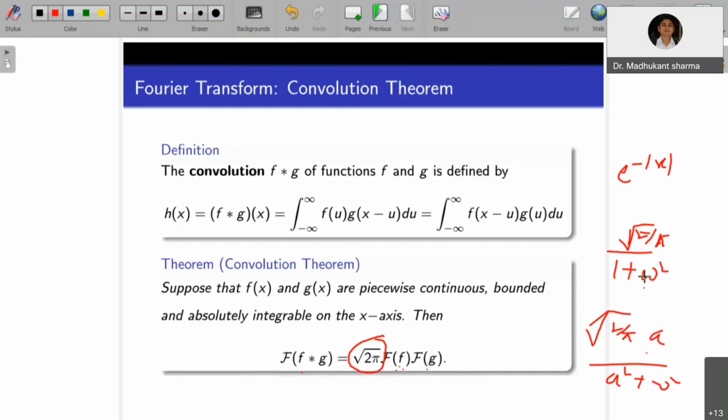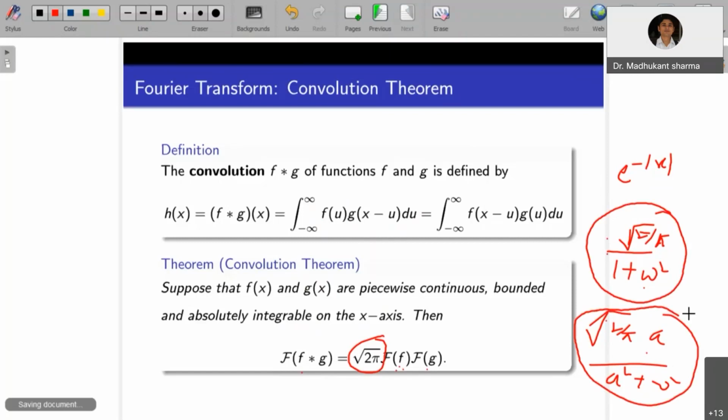So if you take the product, you can use this convolution result to find the inverse Fourier transform of these two products, provided you are able to recognize the inverse Fourier transforms. Again, this will come through practice. Without that it is not possible.